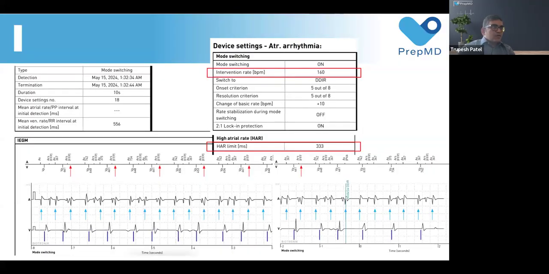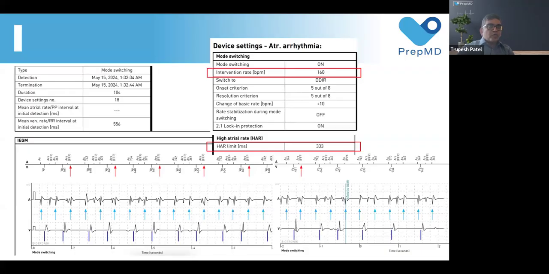So right underneath that, you see the EGM. The blue arrows point to the actual atrial events on the EGM. And the other signals that you see are from the far field, which are identified by the device appropriately. As far field, they fall into the far field protection window.